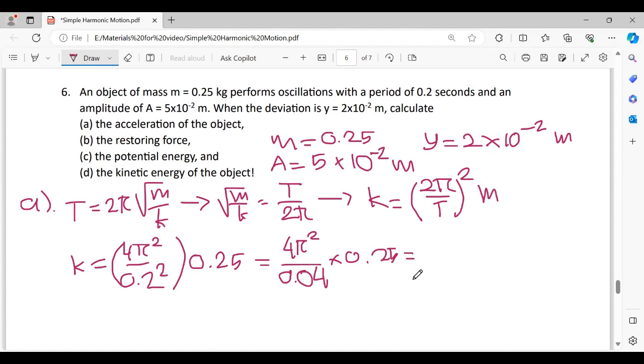If we calculate, it becomes 25 pi squared Newton per meter. That is k.